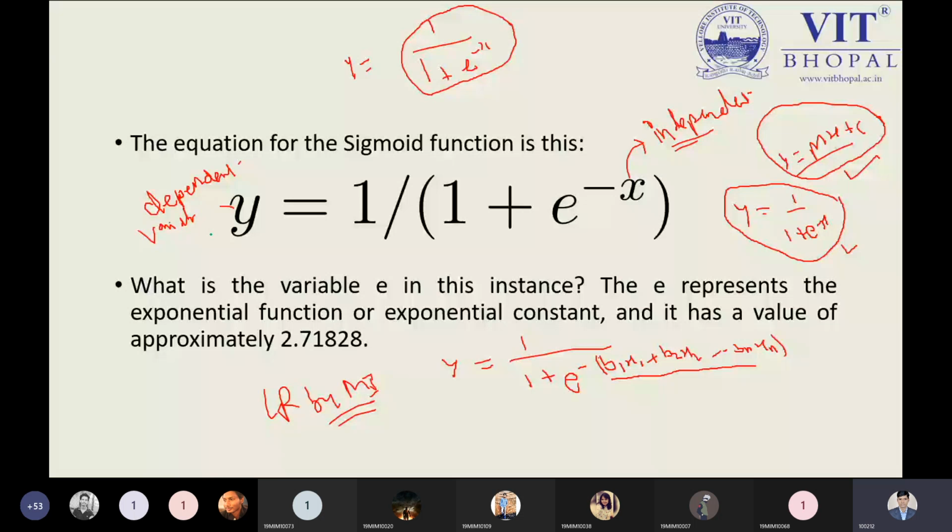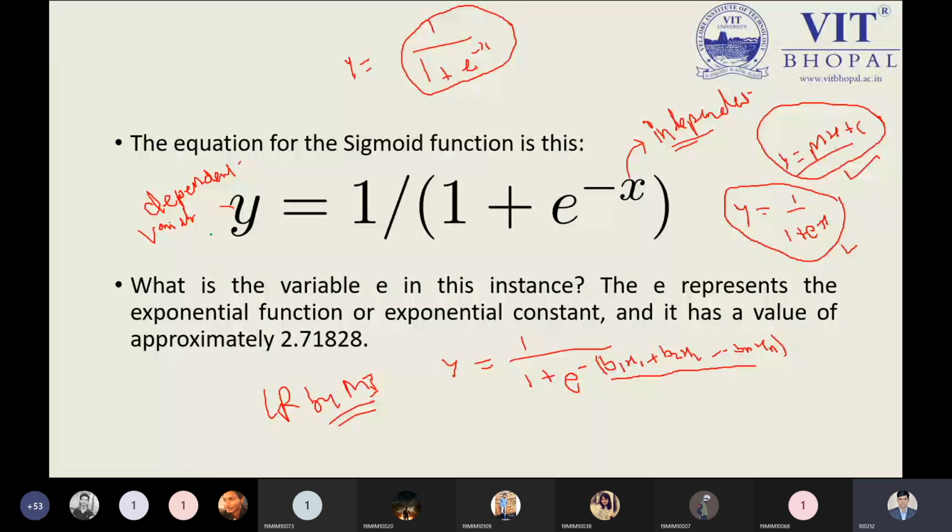Independent variables can be many, but the dependent variable would be one.